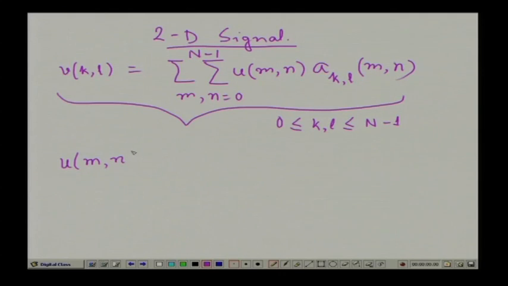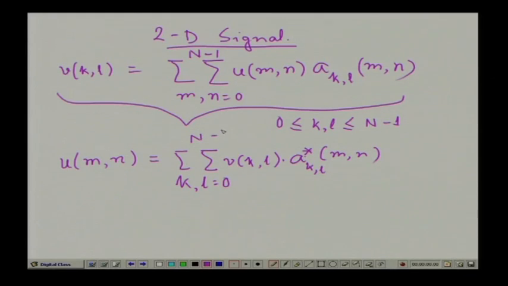So, you can write u m n again is equal to double summation V k l into a star k l m n, where both k and l will vary in the range 0 to capital N minus 1, and this we have to compute for all values of m and n in the range 0 to capital N minus 1.